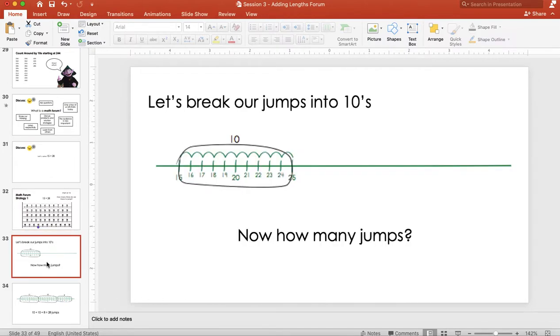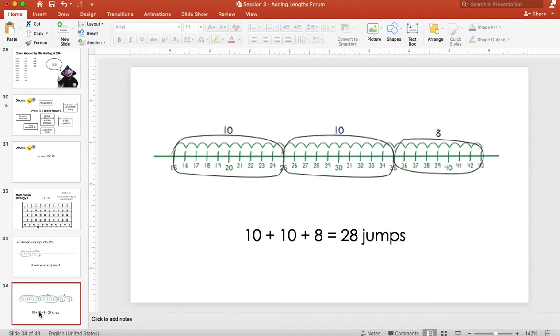If we can break our jumps into 10s, or like yesterday we talked about even breaking them up into 20s, we wouldn't have to jump so many times. So let's look at this. If I did 10 plus 10 plus 8, that would equal my 28 jumps.